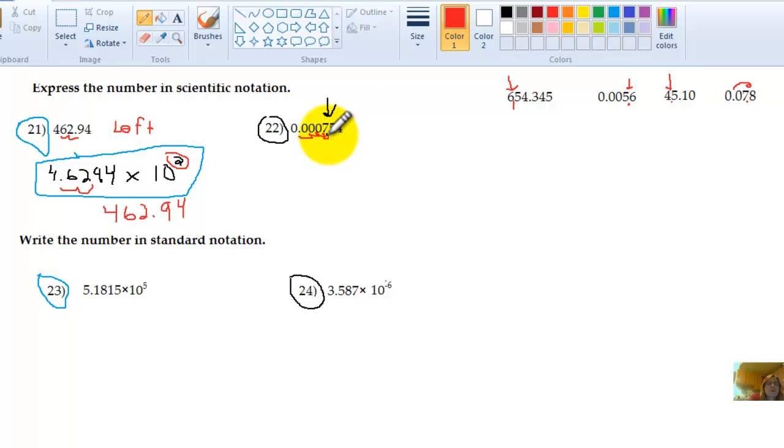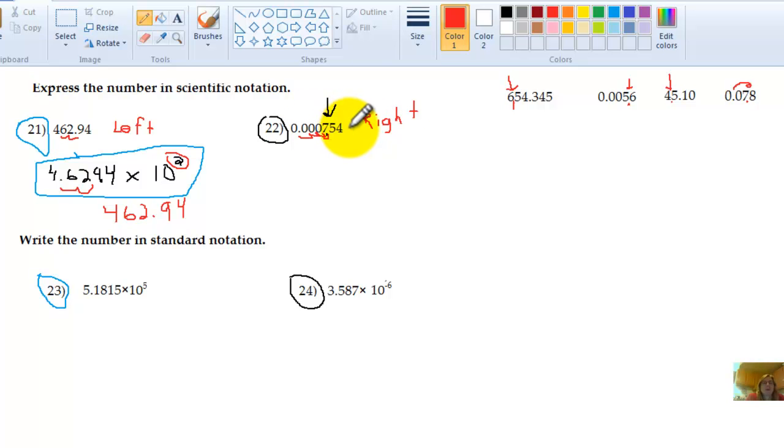We're going to move 4 places over. 1, 2, 3, 4. In this situation, we're going to be moving to the right, and that means our exponent will be negative. Anytime you have a very, very small number, you'll have a negative exponent. A very small number that is with zeros in the front and there's a decimal.